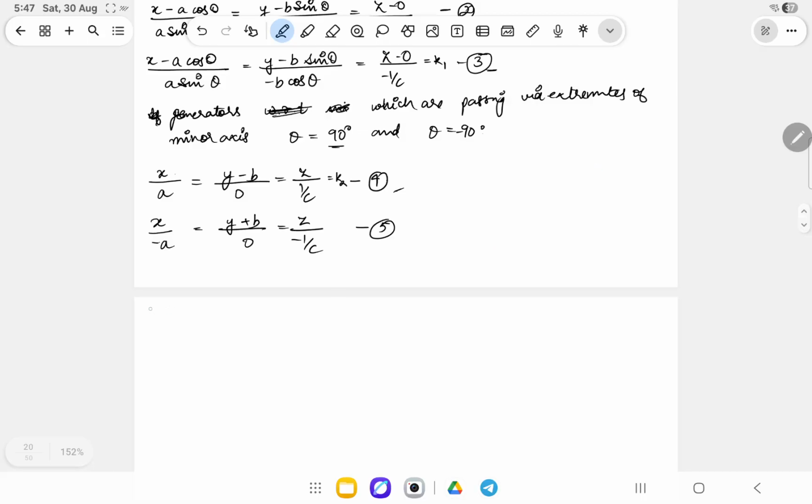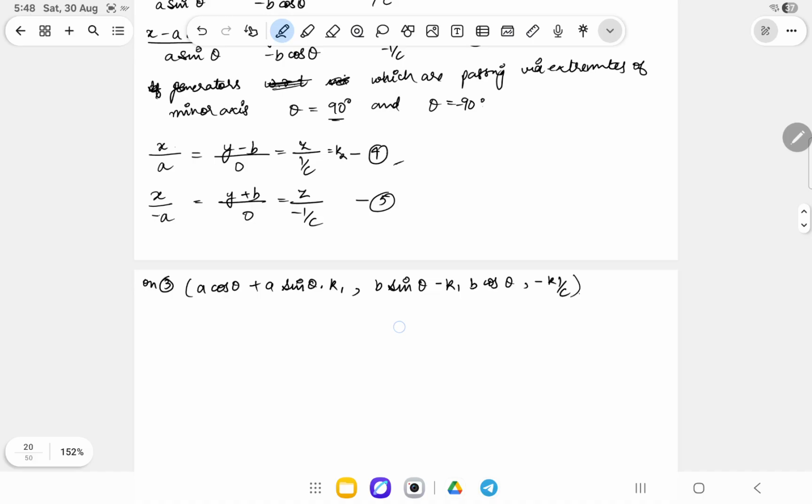So any arbitrary point on 3 will be a cos theta plus a sin theta into k1, b sin theta minus k1 into b cos theta, comma, minus k1 by c, and an arbitrary point on 4 would be basically a k2, comma, b, comma, k2 by c.